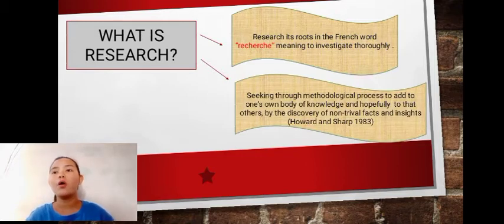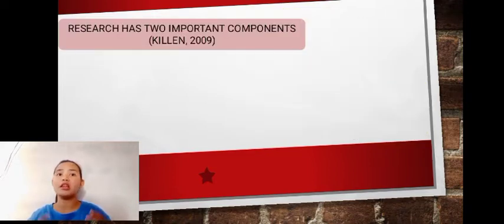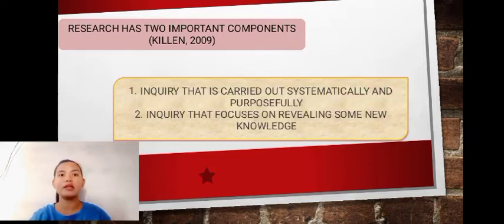According to Howard and Sharp, 1983, research is seeking to add to one's own body of knowledge, hopefully of non-trivial facts. This definition conveys the idea that research has two important components, according to Killeen.